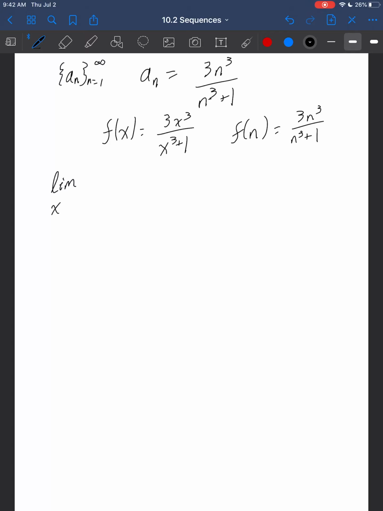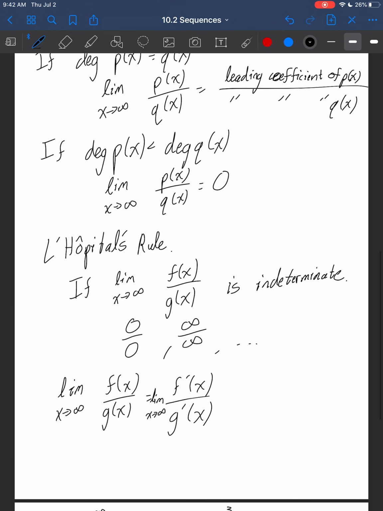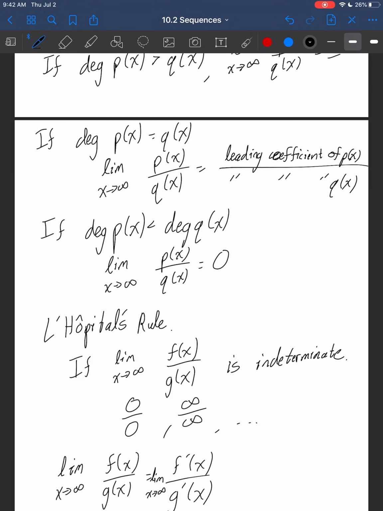Okay, so we're looking at the limit as x goes to infinity of 3x cubed over x cubed plus 1. Well, this is a polynomial over a polynomial. 3x cubed has a degree of 3. x cubed has a degree of 3. So we are in the second case where both degrees are the same.